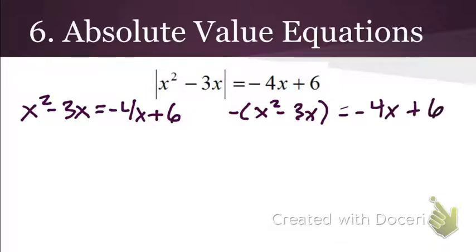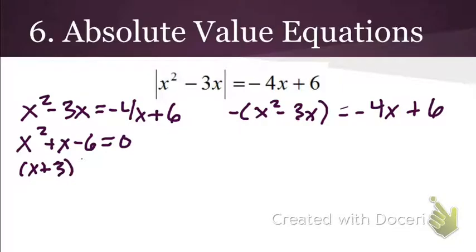So now we solve both equations. So here we're going to get x squared plus x minus 6 is equal to 0. And that gives us factors of x plus 3 and x minus 2, which gives us solutions of x equals negative 3 or 2.